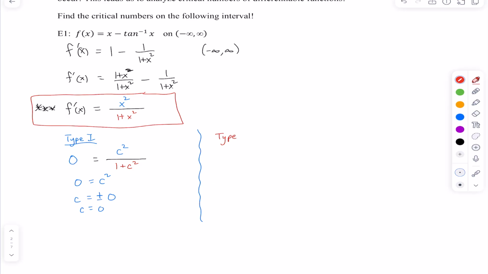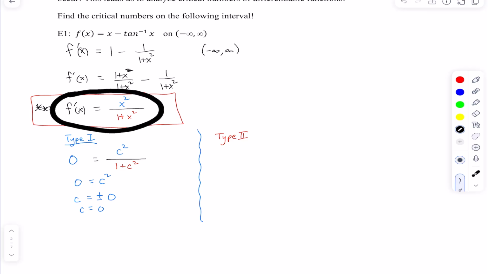Now, how do we get type 2 critical numbers? We look at the first derivative, and we need to analyze when this first derivative does not exist. Well, it does not exist when you try to divide by 0.